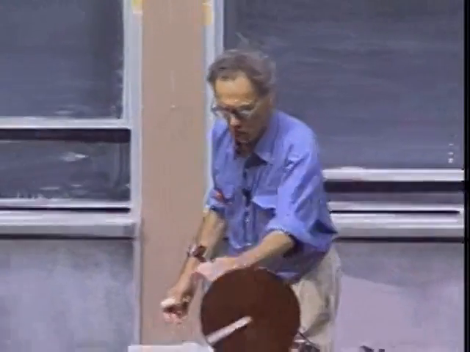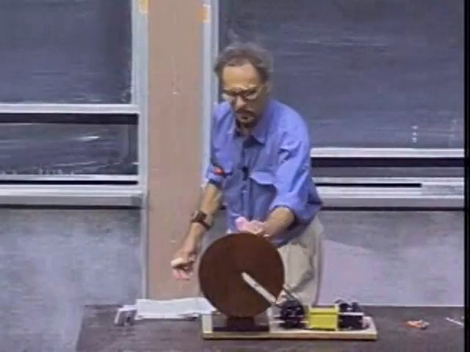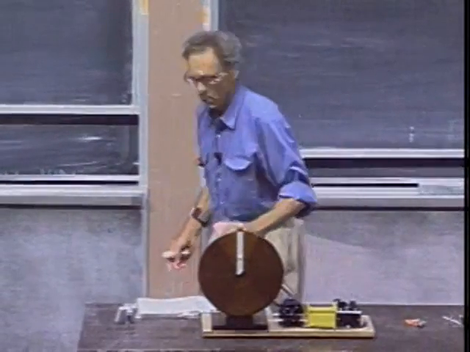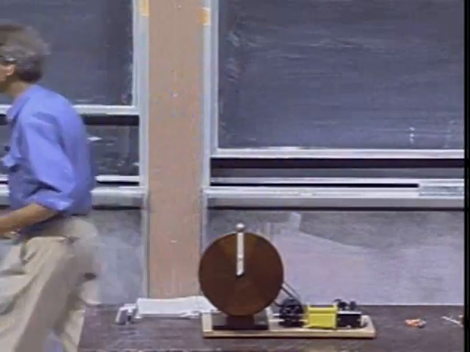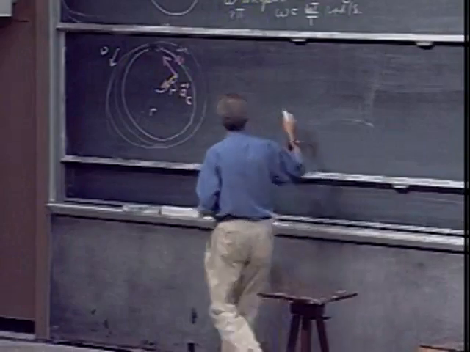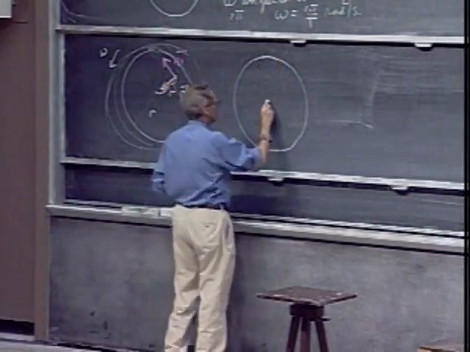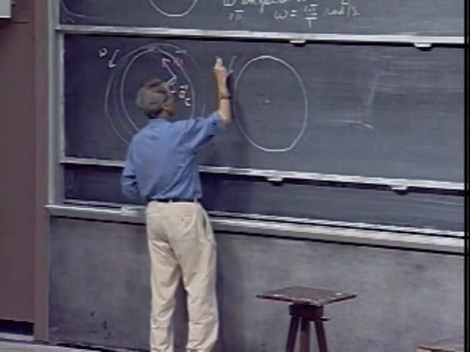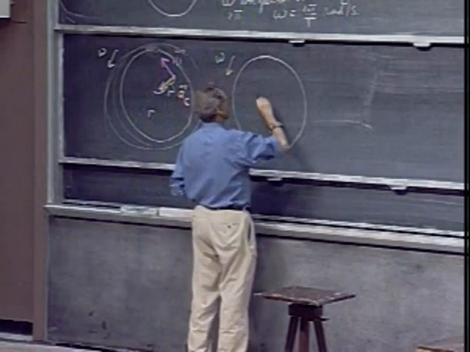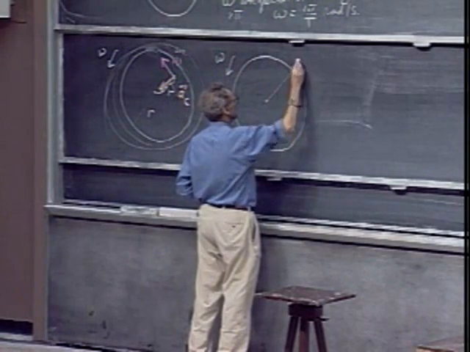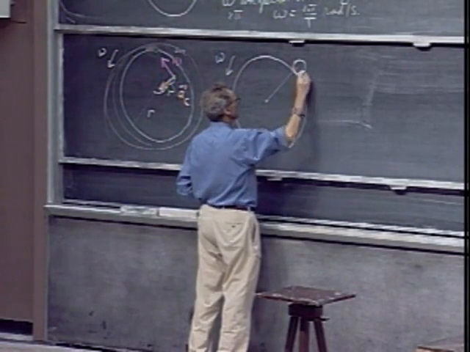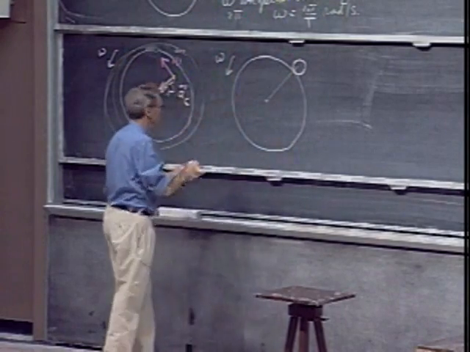I have here a disk which we will rotate, and at the edge of the disk here, we have a little ball. And the ball is attached to that disk with a string. So now this is vertical, and this is going to go around with angular velocity omega, and we have a string here, and the string is attached to this ball, and the whole thing is going around.